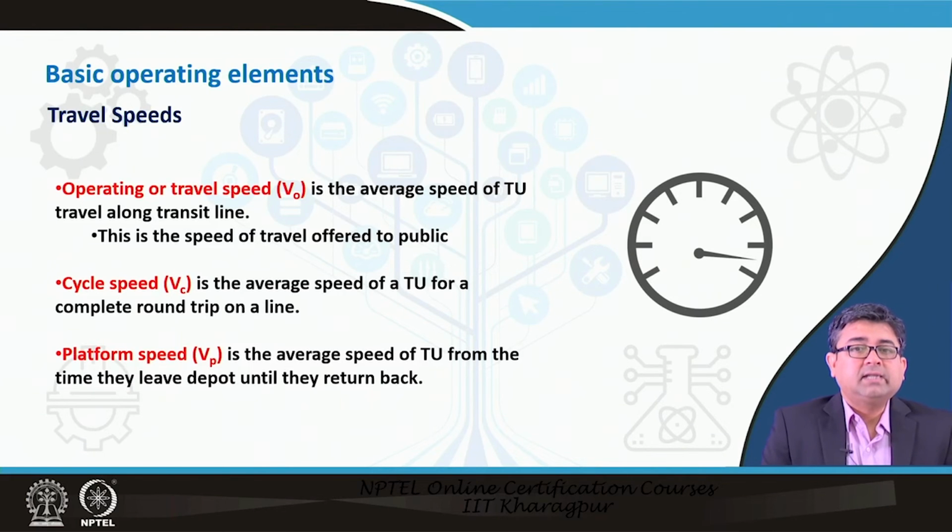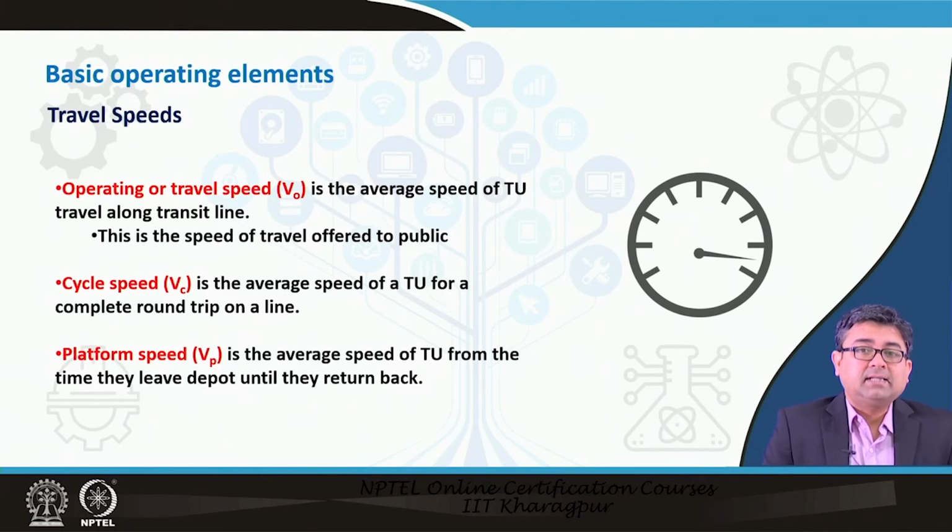So, that is the speed that is given to the public. The public then can calculate that to travel 10 kilometers, this is the average speed at which the transit vehicle is operating, so I can reach my destination stop or station by this time. So, this is the element that is taken into consideration.